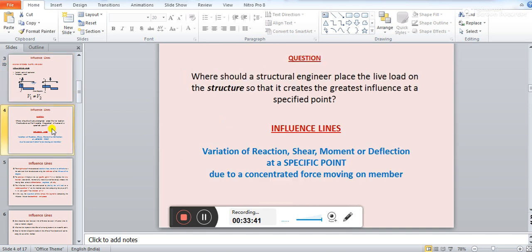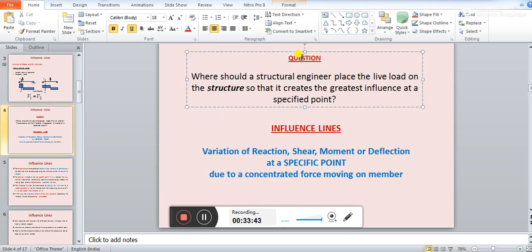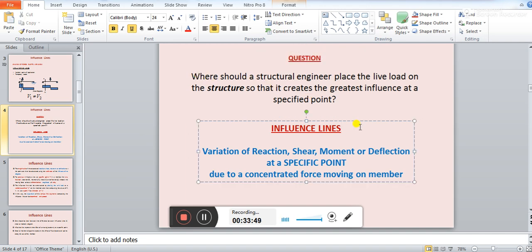Now the question is, where should a structural engineer place the live load on the structure? You have already understood that if you put a dead load or a fixed load on a structure, you can find the bending moment and shear force of that structural element very easily.